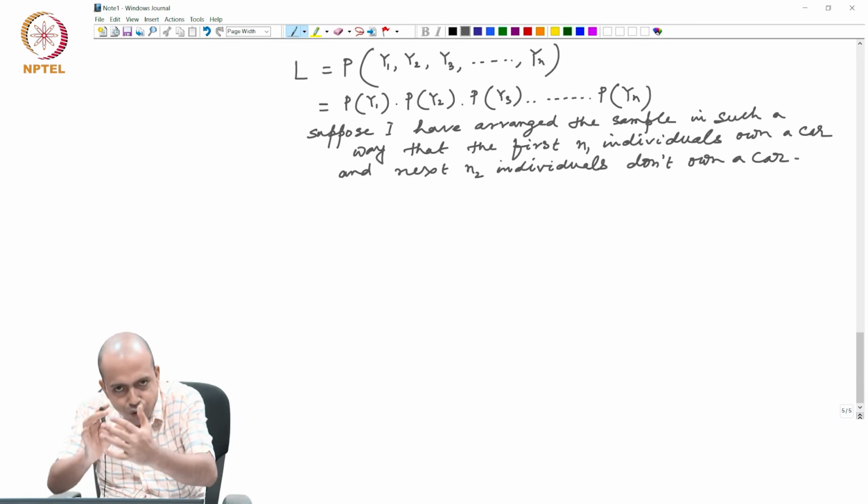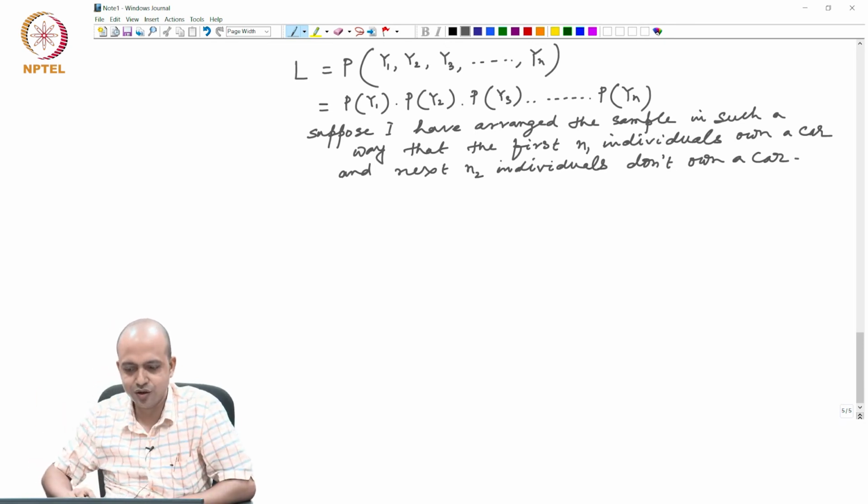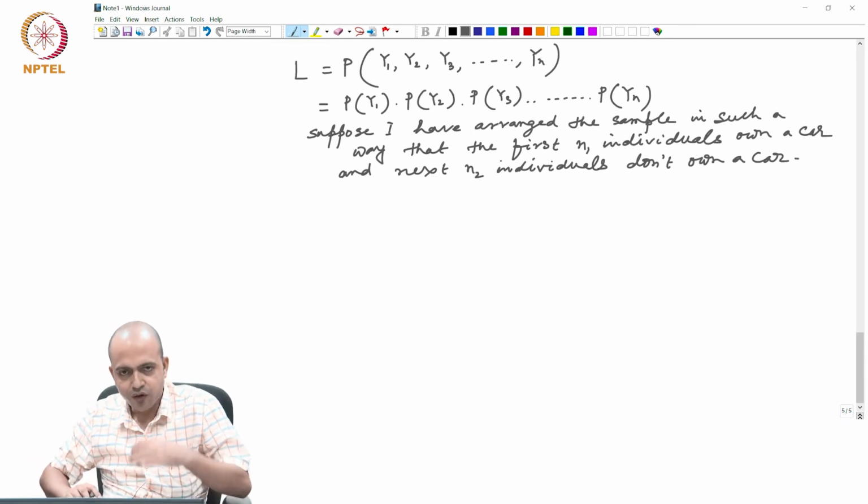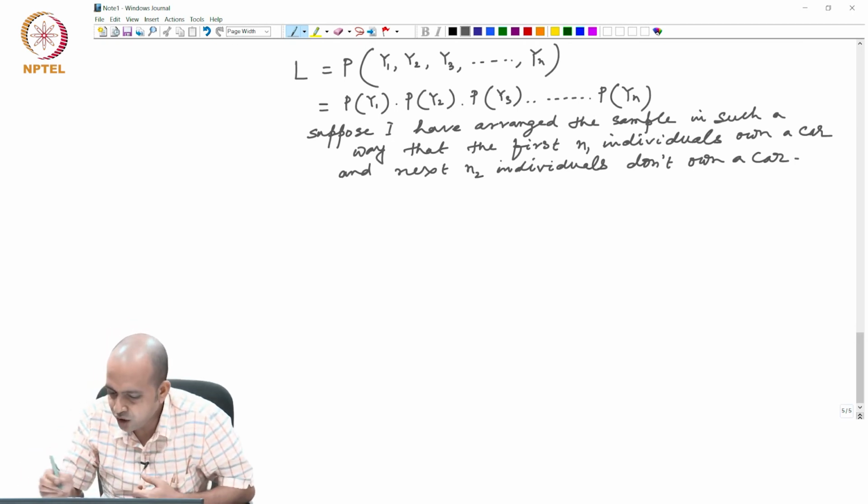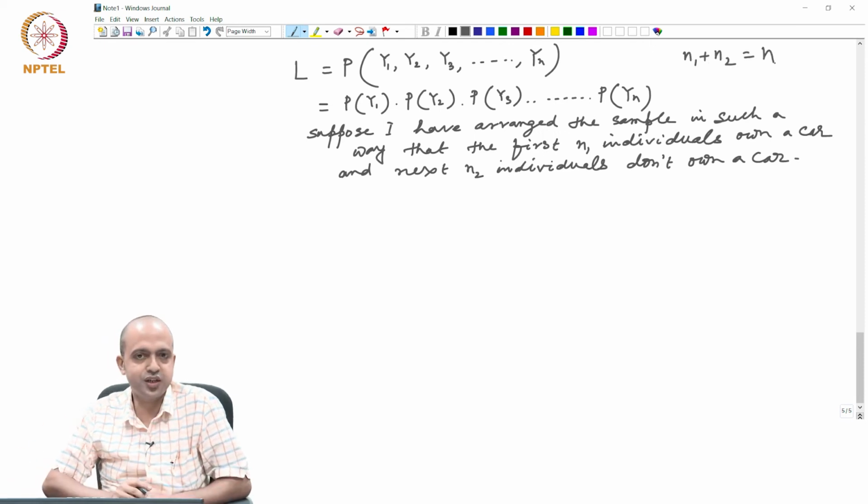That is how I have actually arranged it, where n1 plus n2 equals n, which is the total sample size.